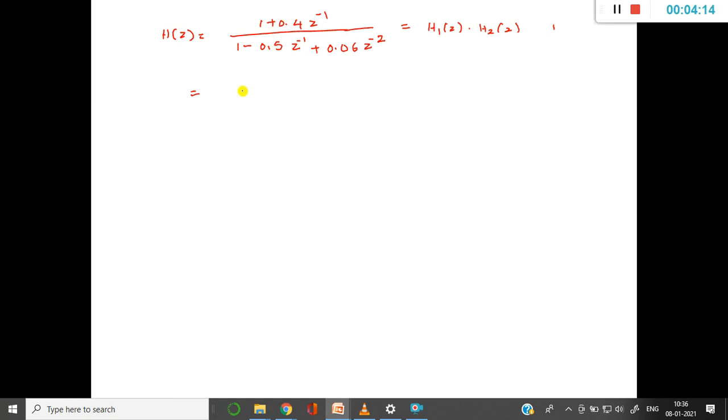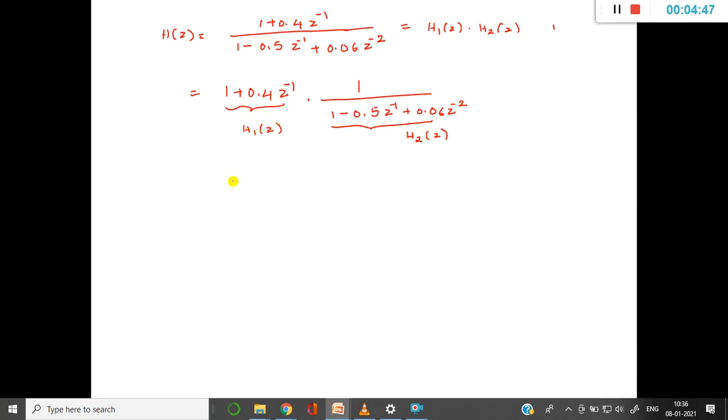The numerator is zeros. I separate H1 of z, and H1 of z into, how do I write the poles, 1 divided by 1 minus 0.5 z inverse plus 0.06 z raised to minus 2, and this I call H2 of z, right? Now let us implement separately.